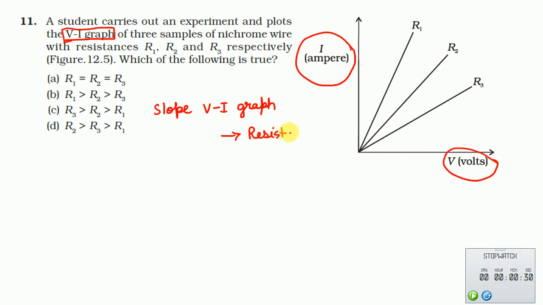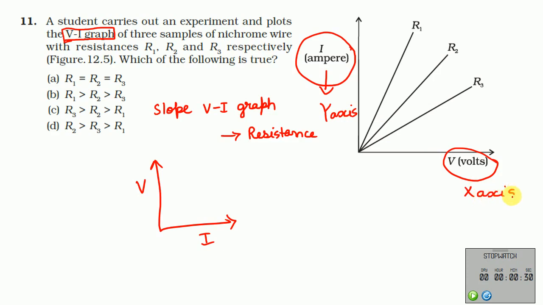When I say VI graph, I am plotting voltage on the y-axis and current on the x-axis. But when I say IV graph, I am plotting I on the y-axis and voltage on the x-axis.